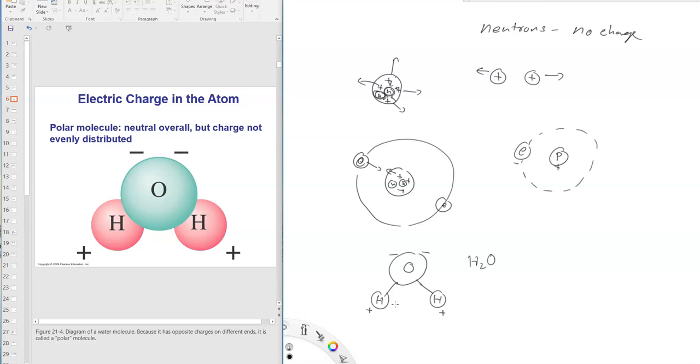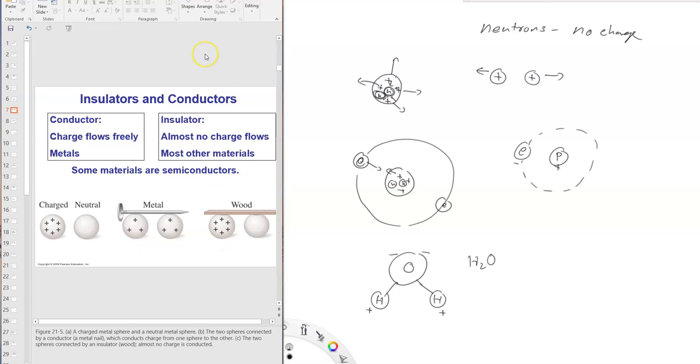Ice floats on water, and that is really important to life on Earth. So there are so many interesting things that come with this particular shape and charge distribution, charge separation, being a polar molecule. Alright, so let's see what's next.